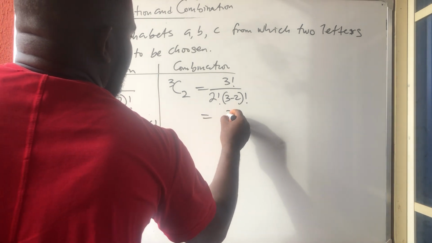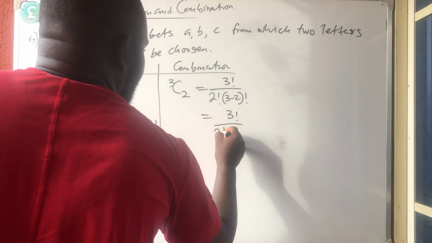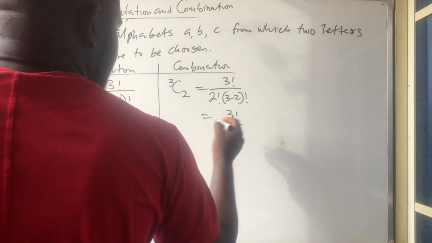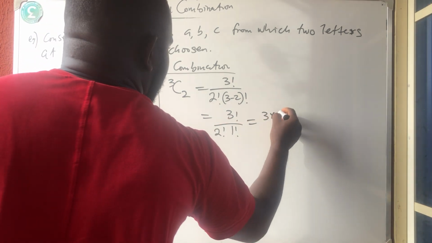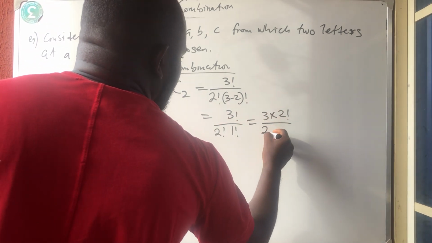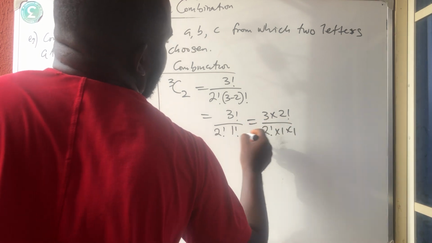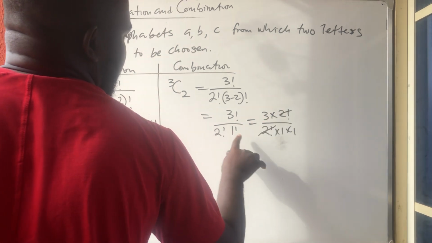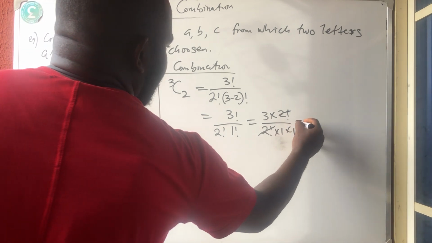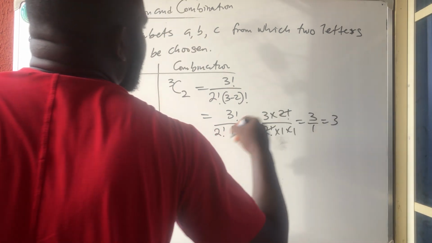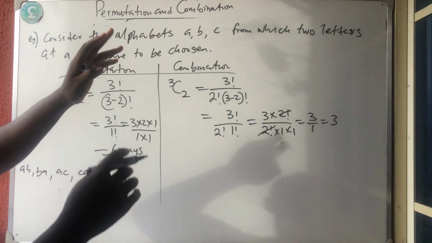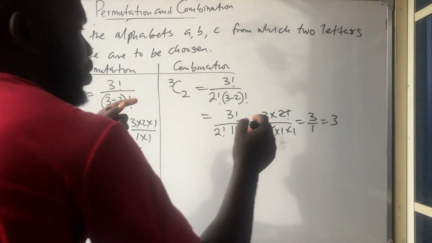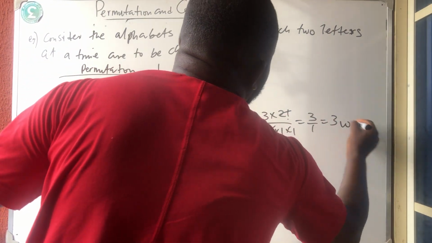So this means 3 factorial all over 2 factorial times 1 factorial, which is 3 times 2 factorial all over 2 factorial times 1 times 1. This takes care of this, because 1 factorial means 1. So I'm having 3 over 1, which is 3. So in selecting 2 objects here, we have 3 different ways of selecting.